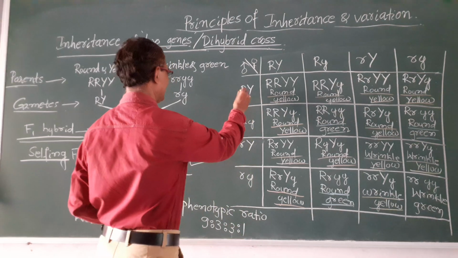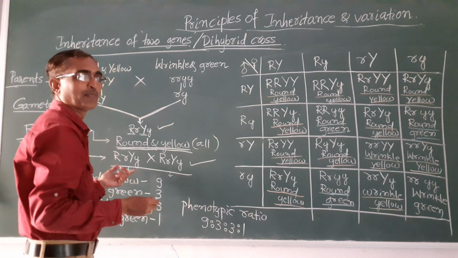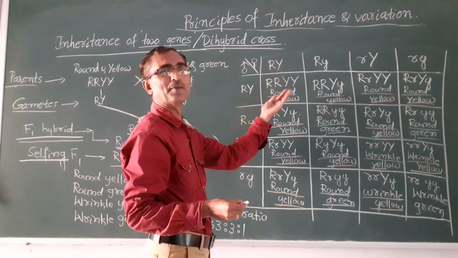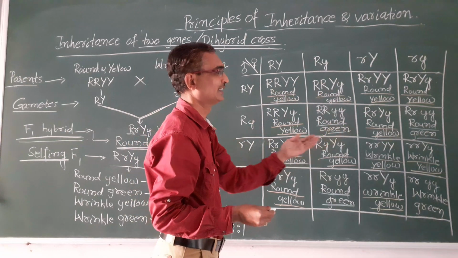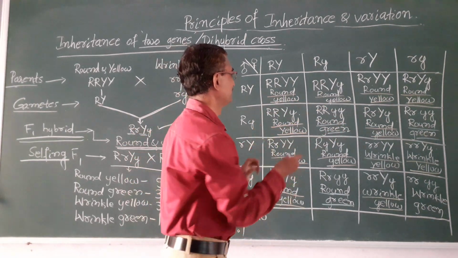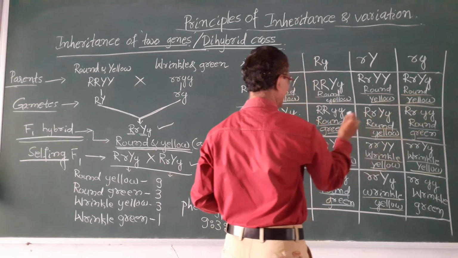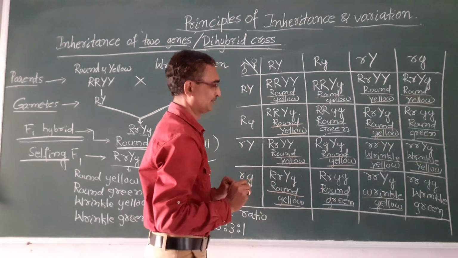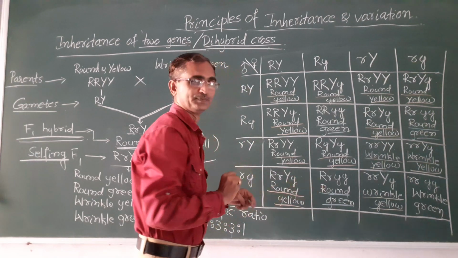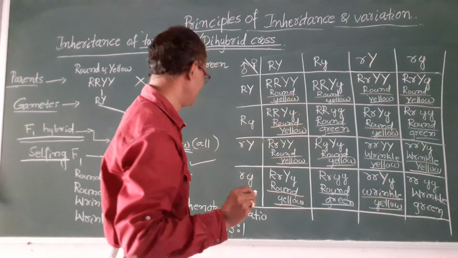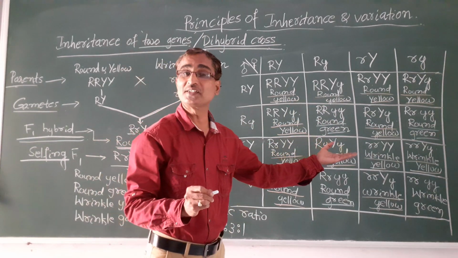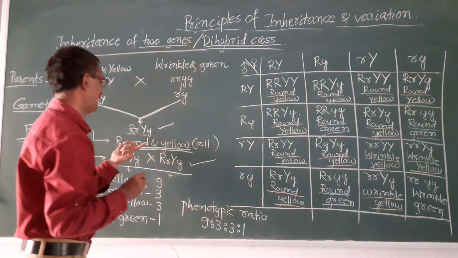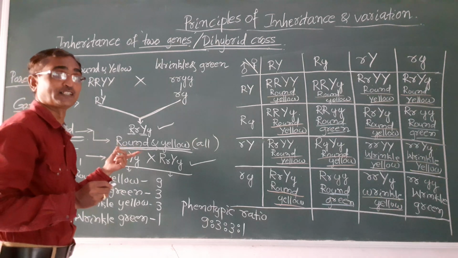Next, fusion of gametes takes place, and we get the F2 generation. You see, 1, 2, 3, up to 16. These are the F2 generation, and these are the gametes of this F1 hybrid when they are self crossed.